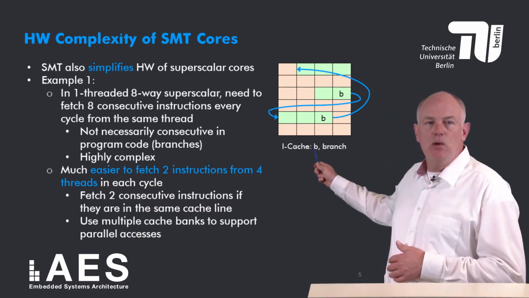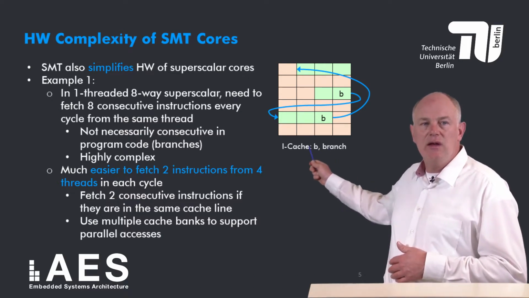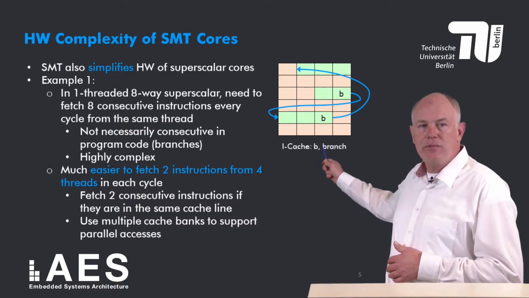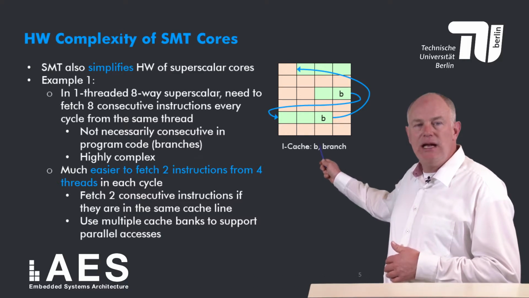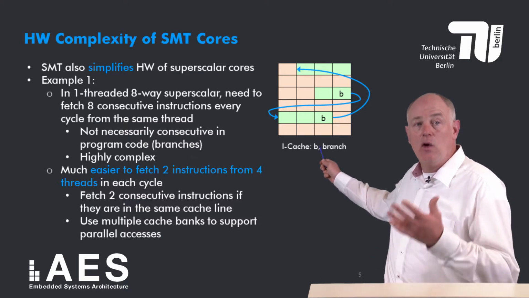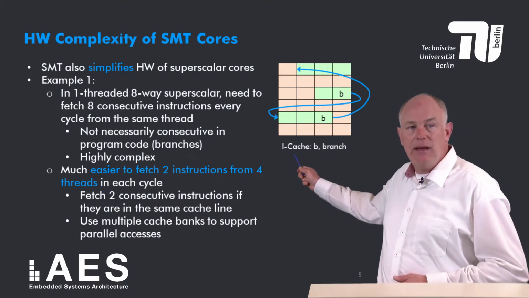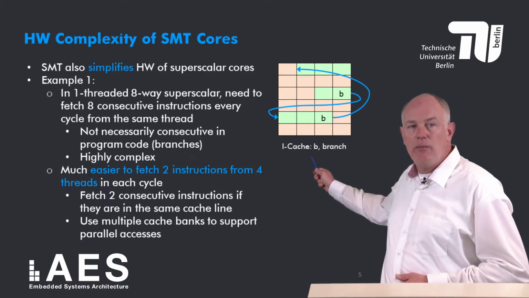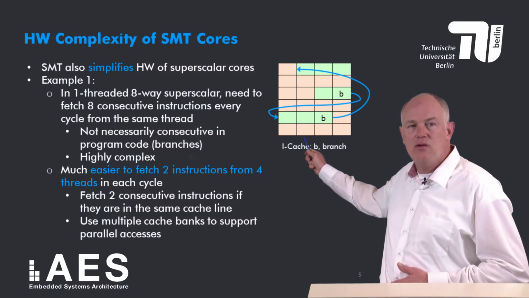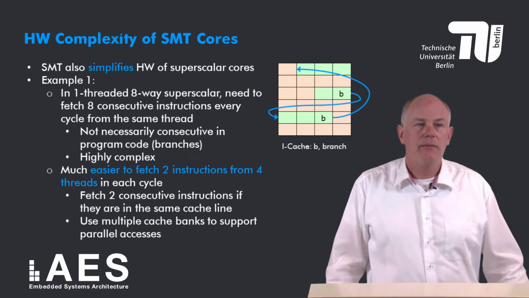For example, suppose that our current program counter points to this instruction here, and the four boxes here denote one cache line. If this is a branch and this branch is taken or predicted taken, then the next instruction in the dynamic execution order is this one, then this one, and then again we have a branch, and the next instructions in the dynamic execution order are these 3 green boxes here.